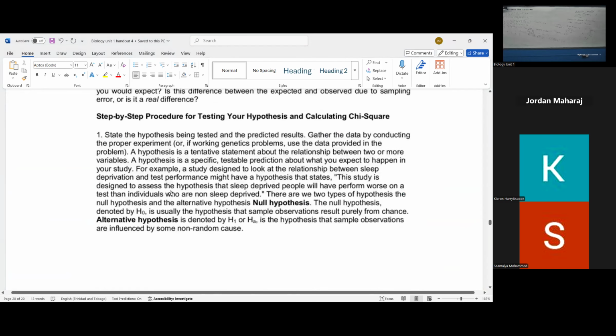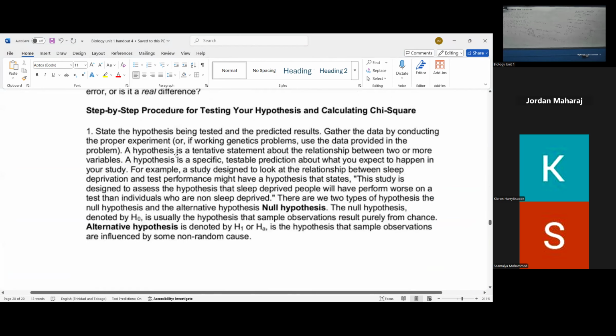So whenever we do an experiment, we have a problem statement, we have an aim and we also have a hypothesis.